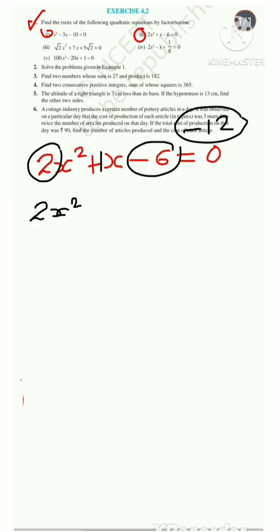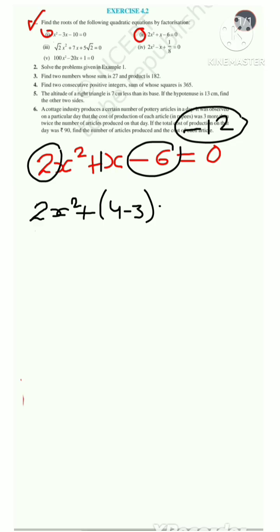So we can solve like this: 2x square plus, and 1 can be split like this: 4 minus 3, because when we multiply 4 and minus 3, then we obtain minus 12, and when we subtract 3 from 4, we obtain plus 1, right?